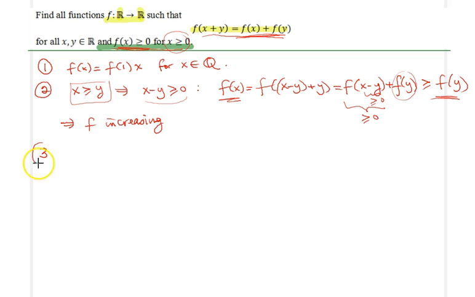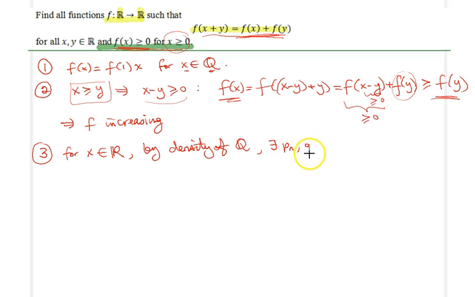Now in the final step we will have to extend our result from the set of rationals to reals. So for x defined in reals, by using a very well-known property, the density of rational numbers, we know that there exist sequences Pn and Qn in the rationals.